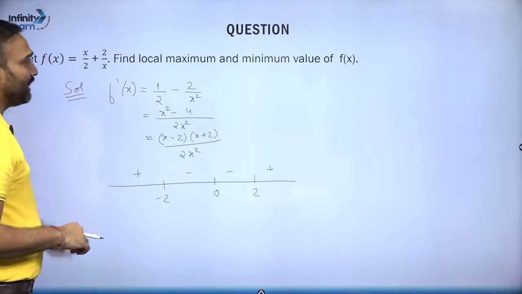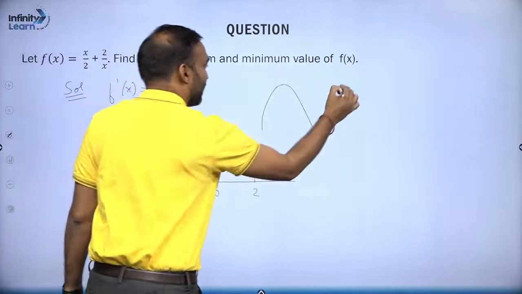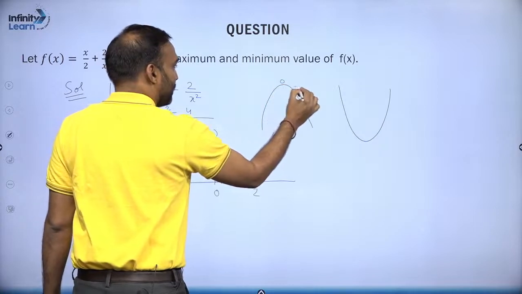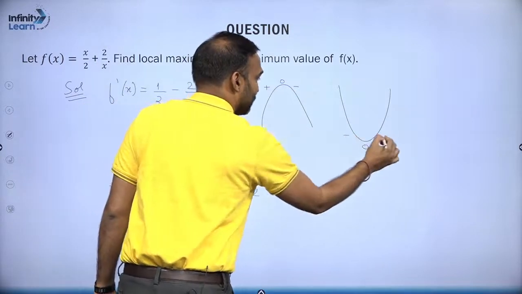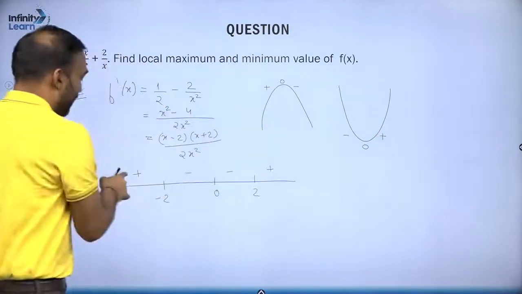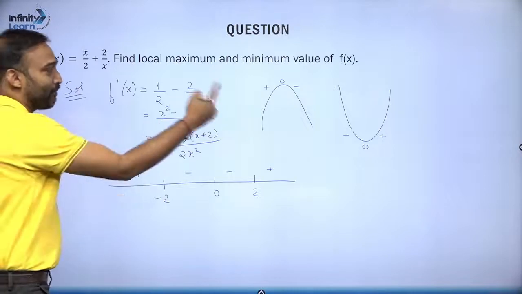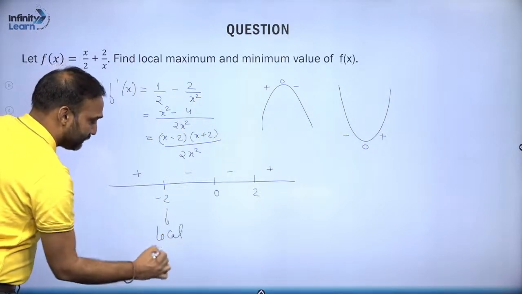Now we have to find the local maxima and local minima. For your help, I will once again plot the curves. This is 0, this is negative, this is positive, this is 0, this is negative, this is positive. Now see, at -2, I am moving from positive to negative. From positive to negative, I know this is a local maxima.